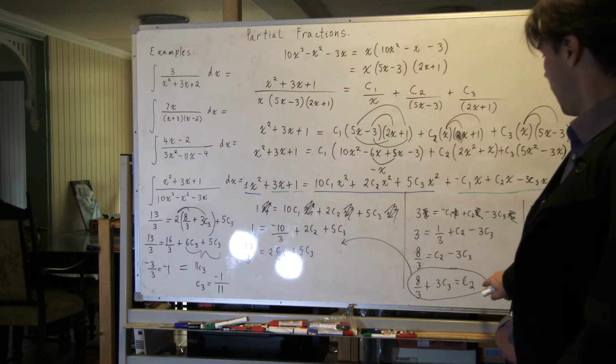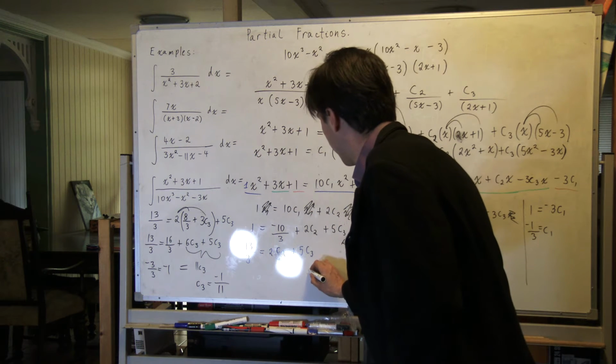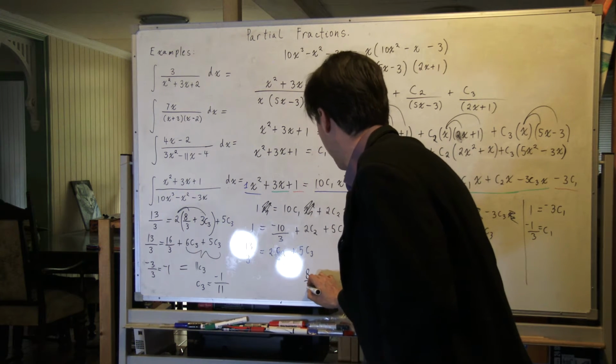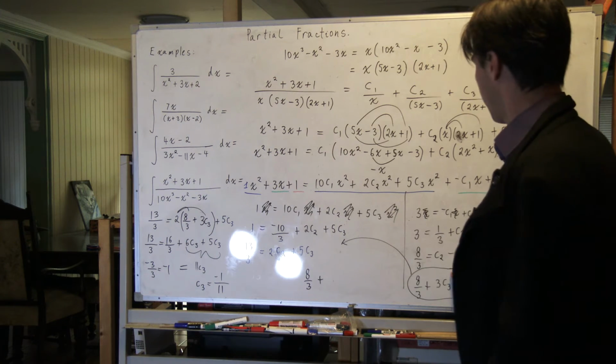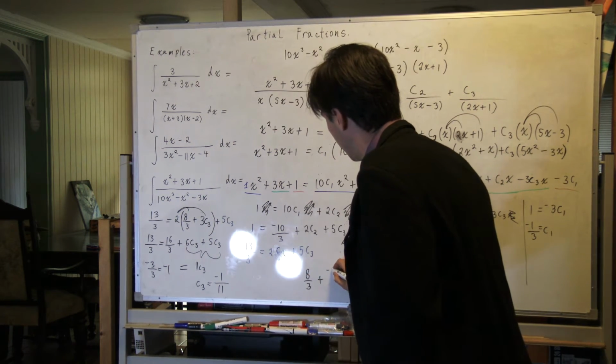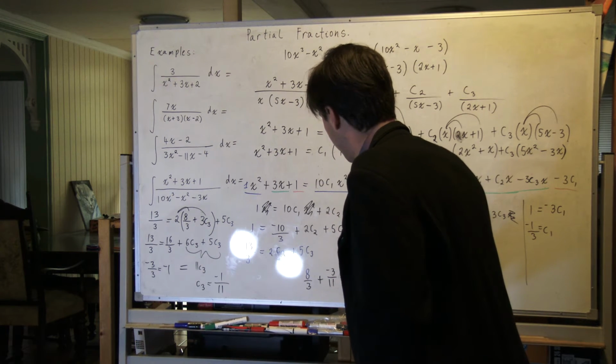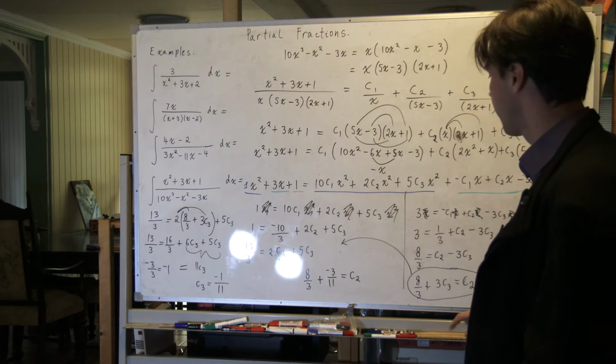And now we want to work out c2. So I have 8/3 plus 3 times -1 over 11. That makes c2 according to this.